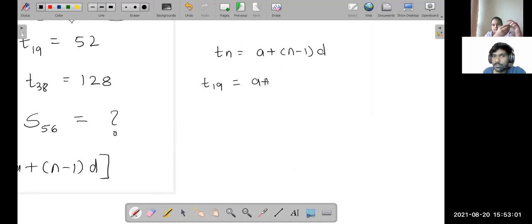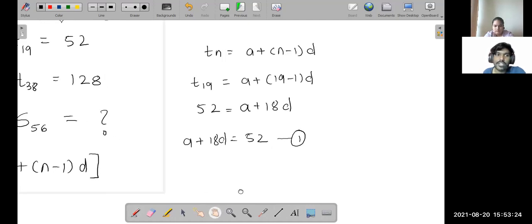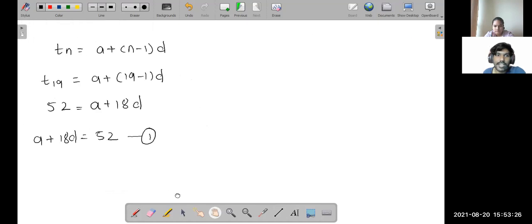T19 will be A plus 19 minus 1 D, so this will be A plus 18D. T19 is given as 52, so A plus 18D is equal to 52. This is equation number 1. Second equation, T38 is given as 128.